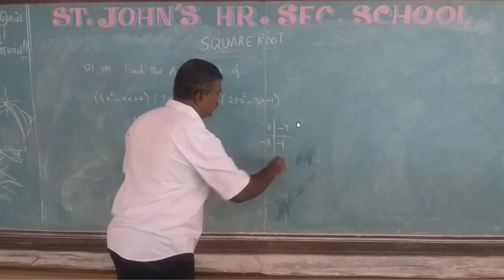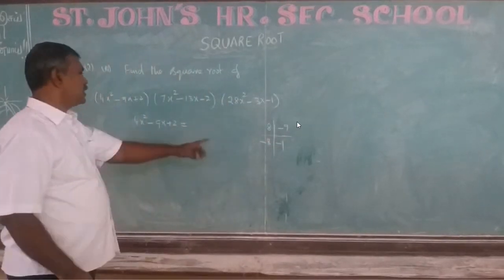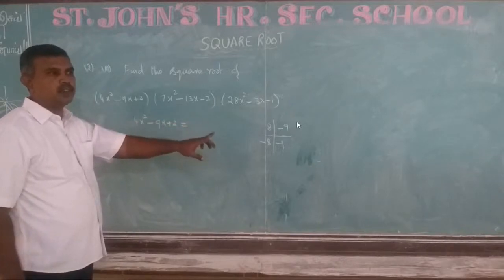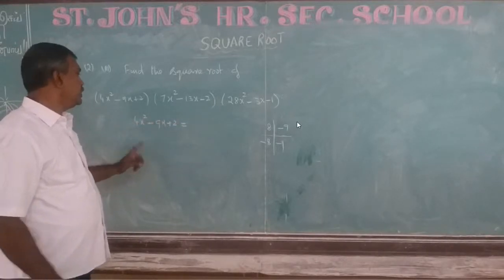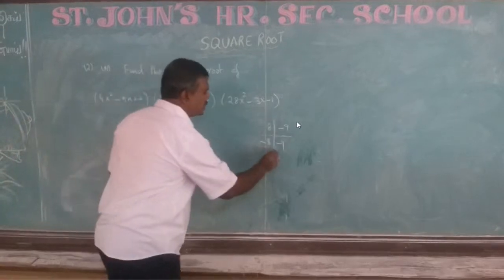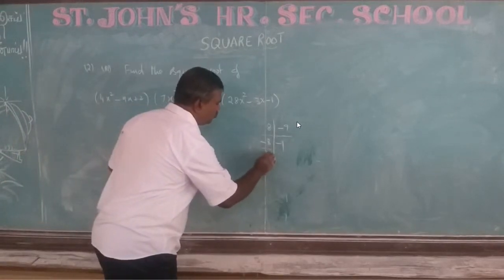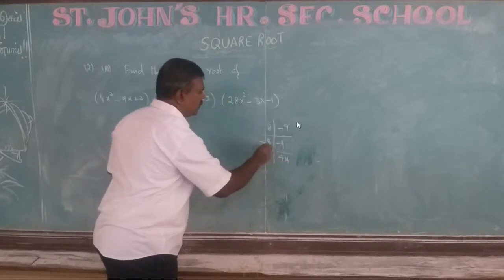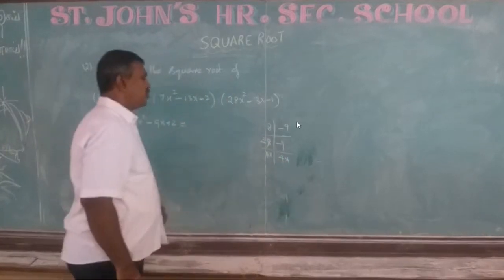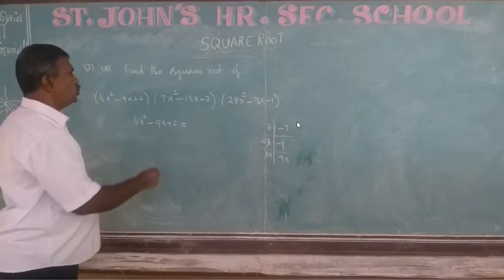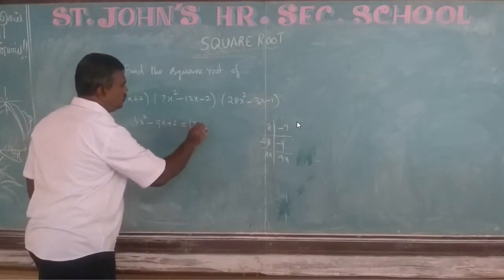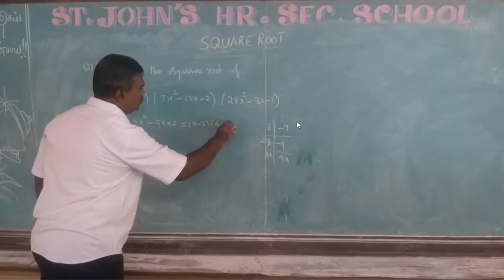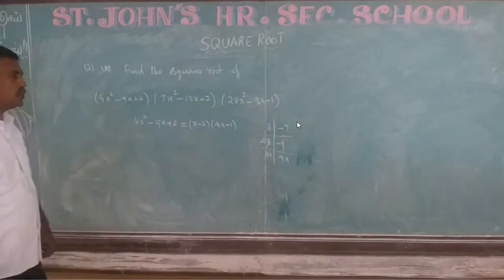The sum is minus 8 minus 1, equal to minus 9, and minus 8 into minus 1 is equal to plus 8. Divided by the first value 4x, cancel the 4. Therefore the factor is x minus 2 into 4x minus 1.